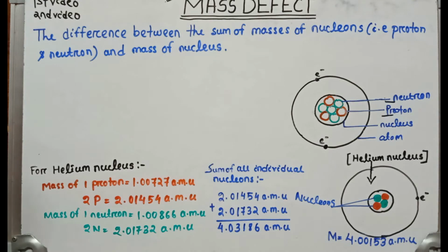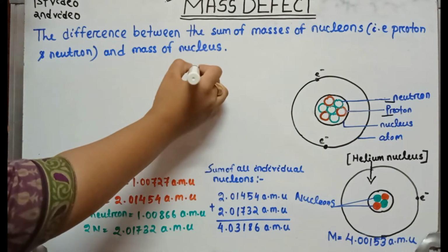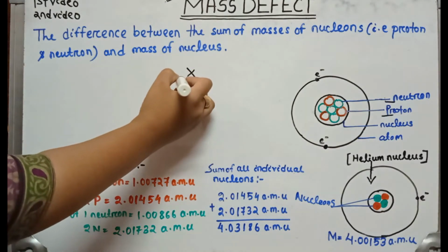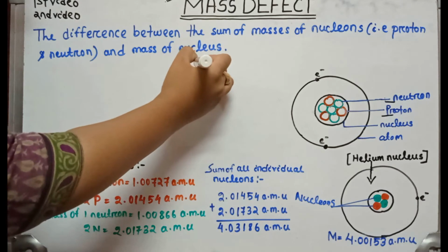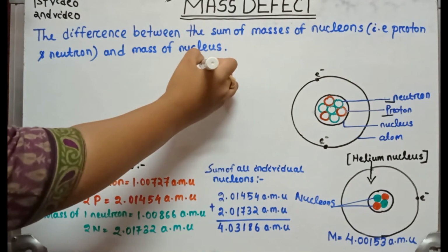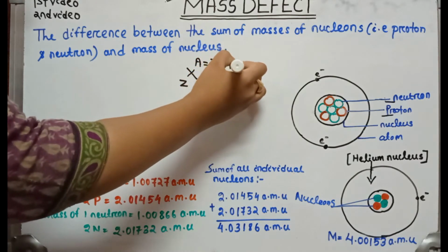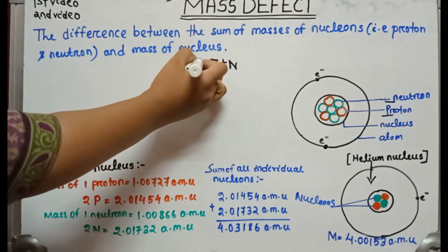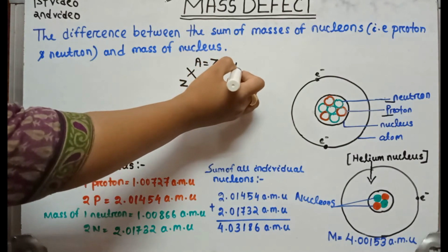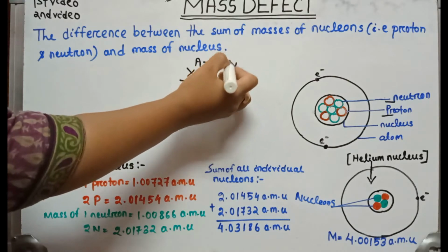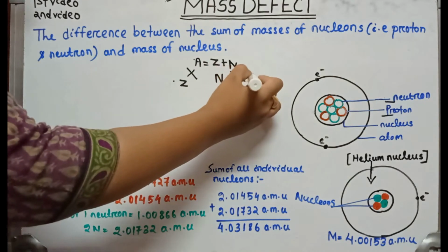If we take an element denoted by X, the atomic number of the element is denoted by Z, and here is the mass number A. The mass number is the sum of the number of protons and the number of neutrons. Then how do we know the number of neutrons? The number of neutrons is equal to A minus Z.